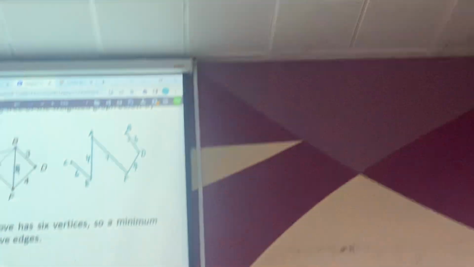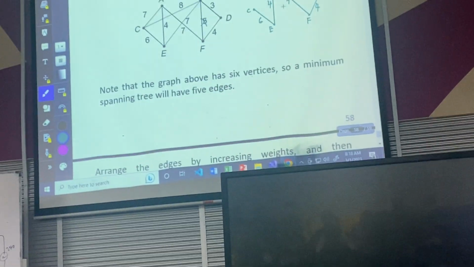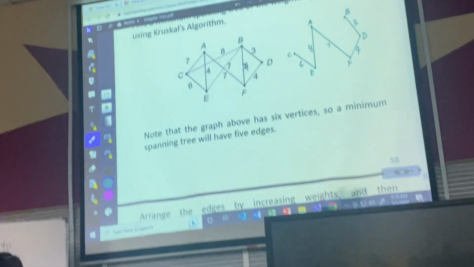If they ask you to find the minimum spanning tree, after you draw the table just now, then you need to draw this final spanning tree. Okay? After you have removed some of the edges, draw out what is the spanning tree you have. And if let's say the question also asks you to find the minimum total weight, then you just total up and get what is the total weight.